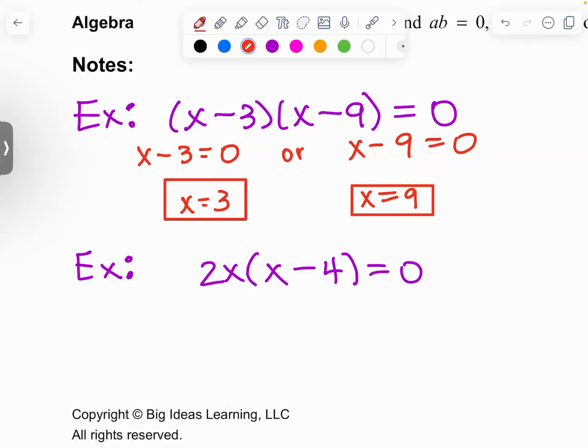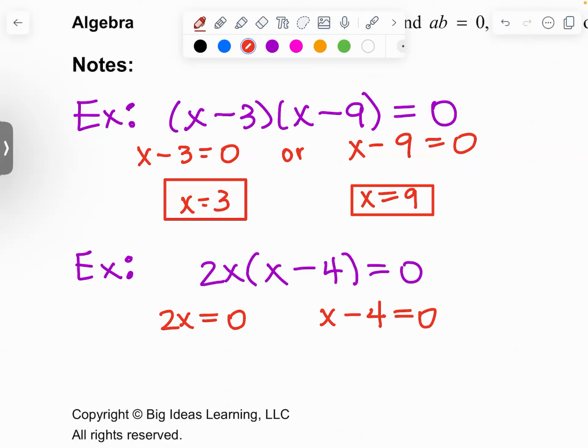Okay, what are our two factors? What are we multiplying that equals 0? 2x and x minus 4. Those are the two things we're multiplying that equals 0. So 2x equals 0 and x minus 4 equals 0.